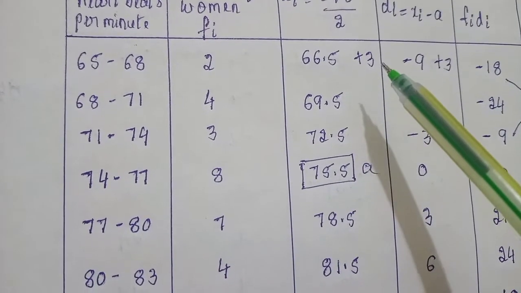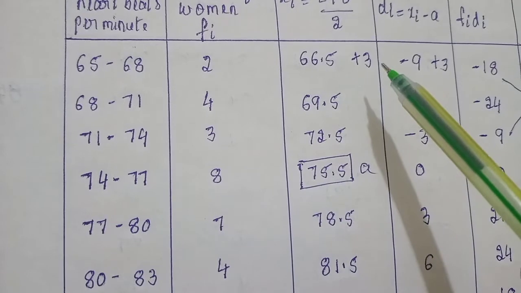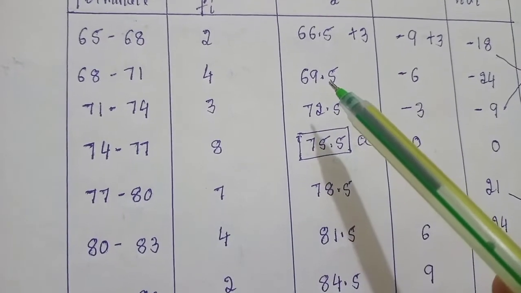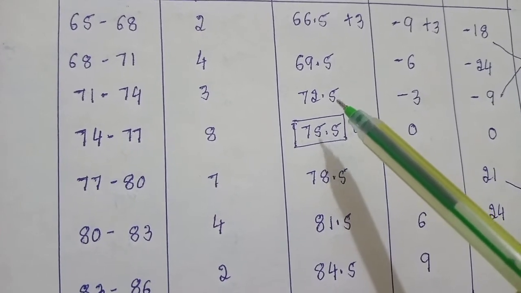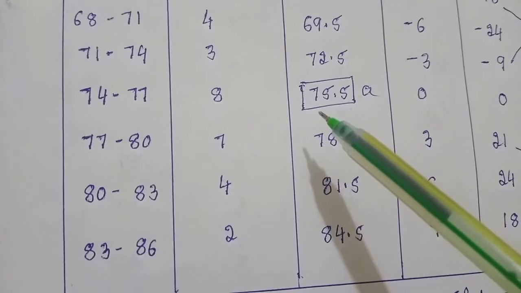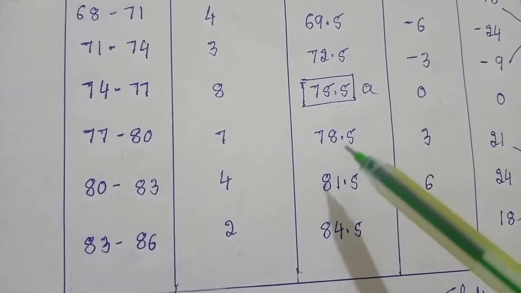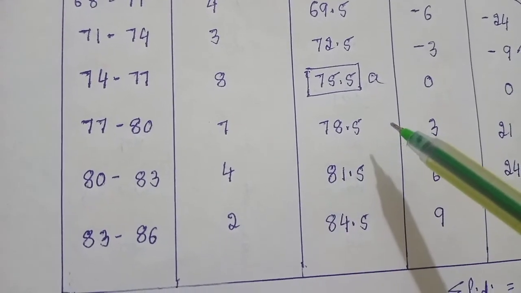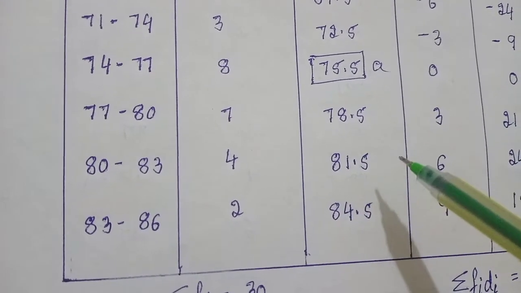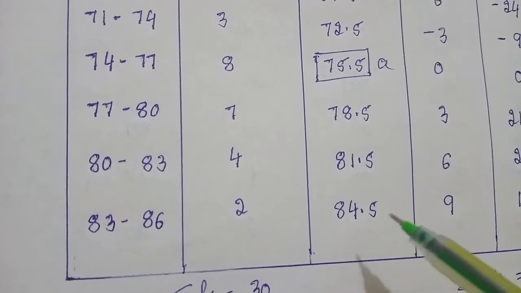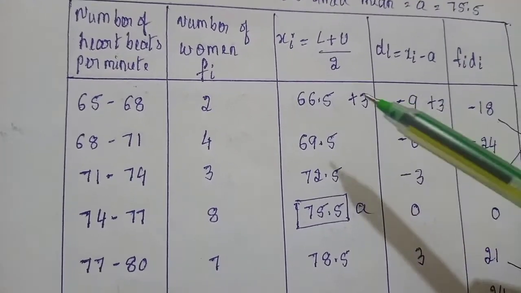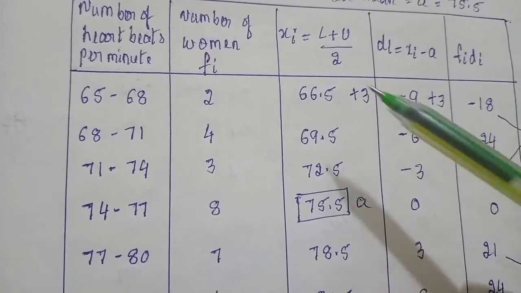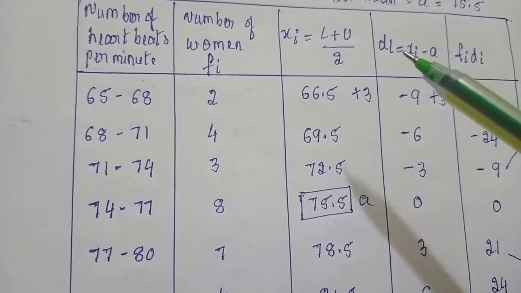So go on adding 3. 66.5 plus 3, 69.5. Again plus 3, 72.5. 72.5 plus 3, 75.5. Plus 3 again, 78.5. Plus 3, 81.5. And plus 3, 84.5. So in this way we completed the first column of this answer, Xi, that is class mark.